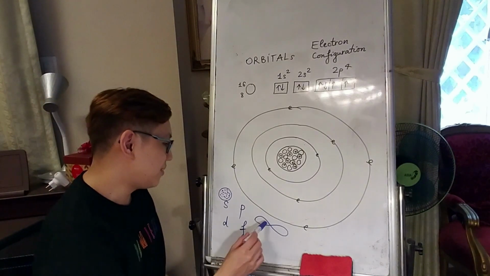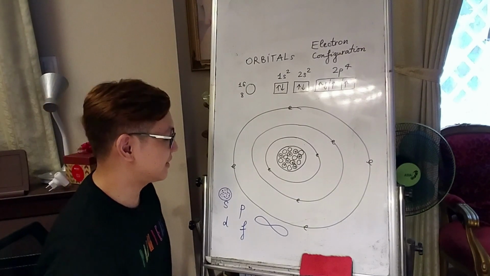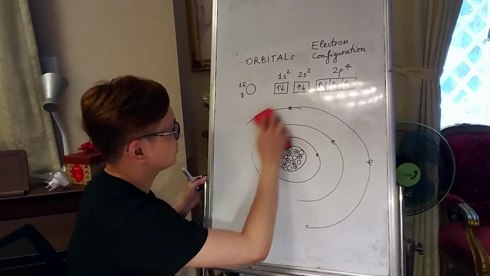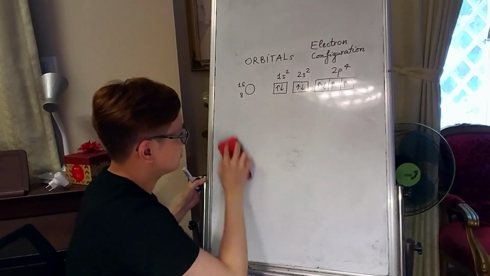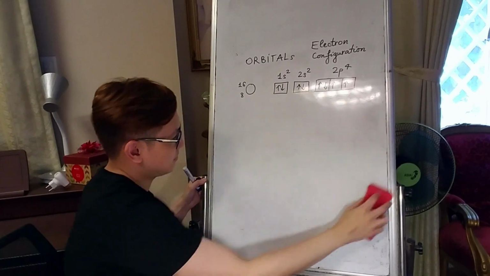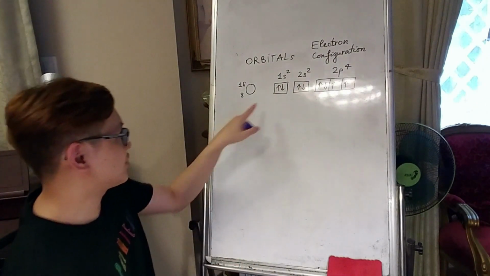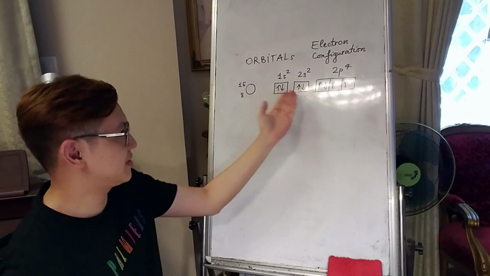We found out that the orbits of these electrons can be very weird. Okay, but enough about that. Now, how do we know how to construct which orbital will come next?